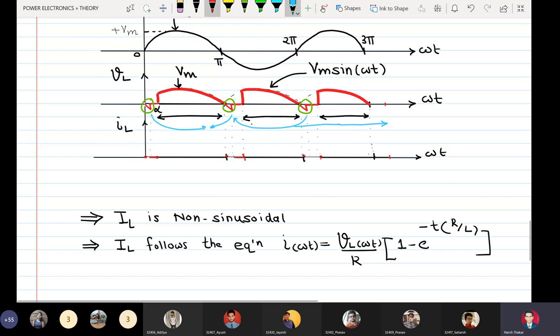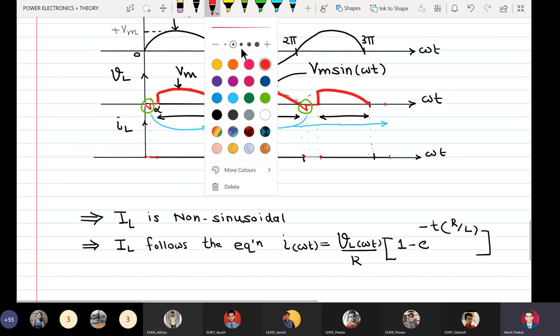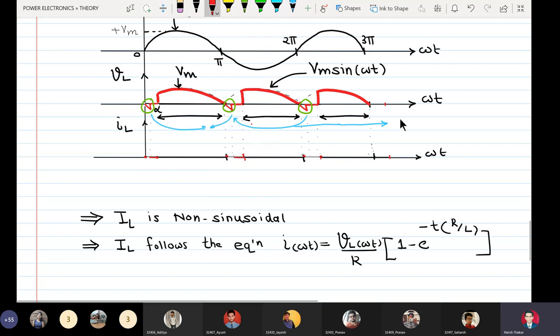These are the instants at which L is discharged fully.